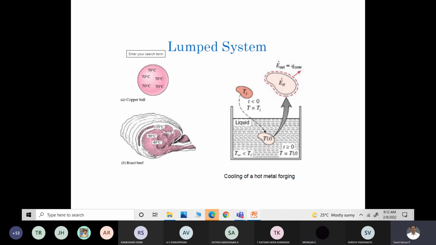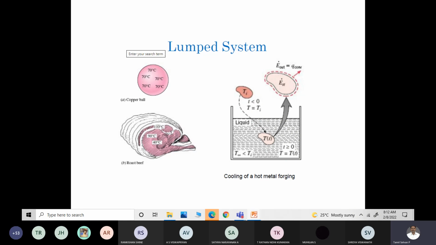See, a solid which is introduced into a new temperature zone, whereas the internal resistance of the solid is almost negligible when compared to the convective resistance, or surface conductance, as some textbooks say.